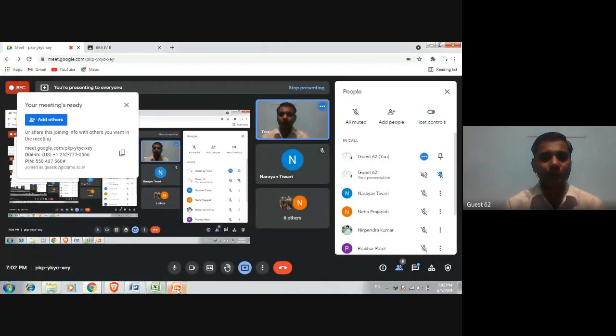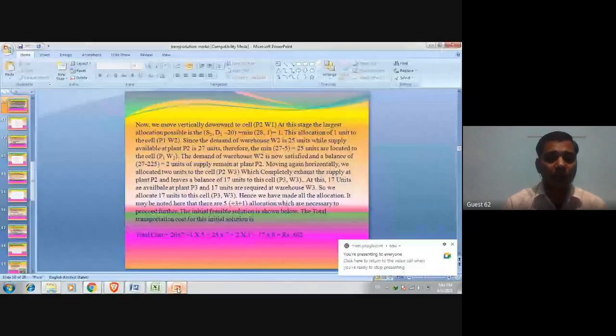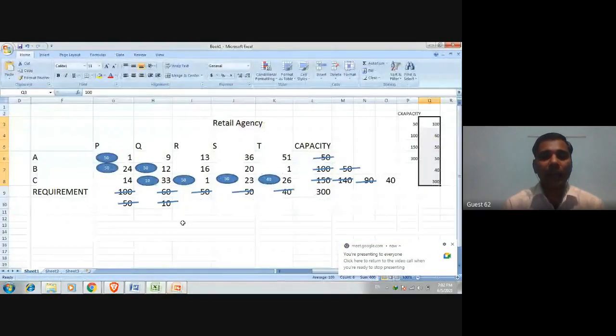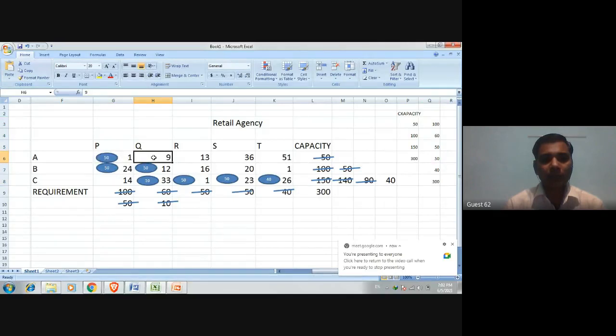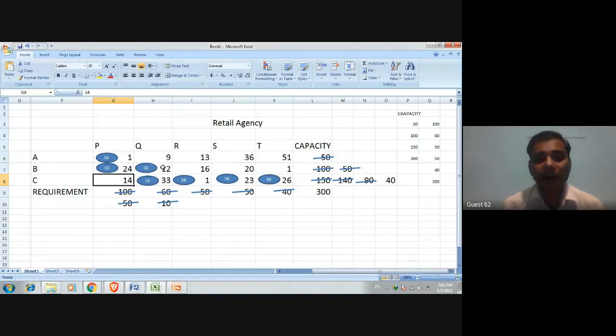Now what we have to do is multiply, and I told you what these were: 1, 9, 13, 36, 51, 24, 12, 16, 21, 26, 23, 1, 33, and 14. These are the transportation cost per unit.